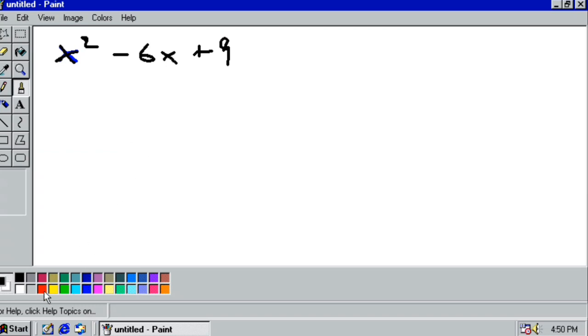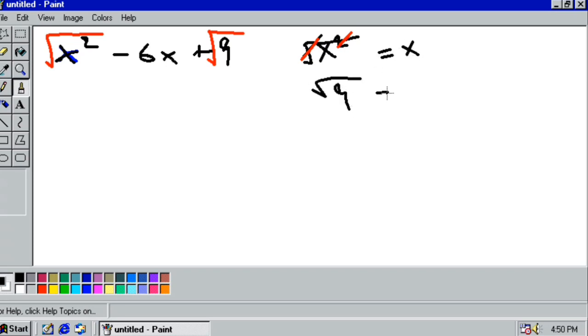So first, we're gonna find the roots of the first term and the last term, which is x squared and 9. So the square root of x squared is x, since the square root and 2 will cancel. So it will give us only x, and the square root of 9 is 3, since 3 times 3 is 9.